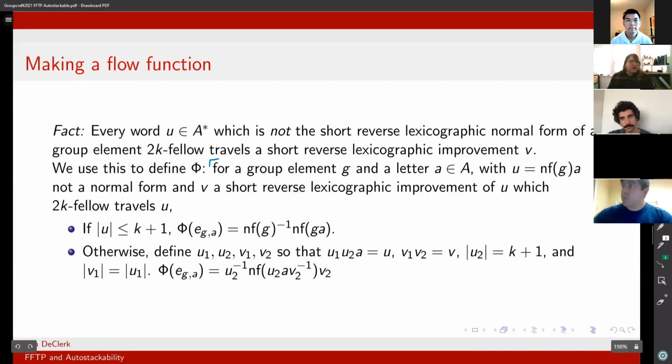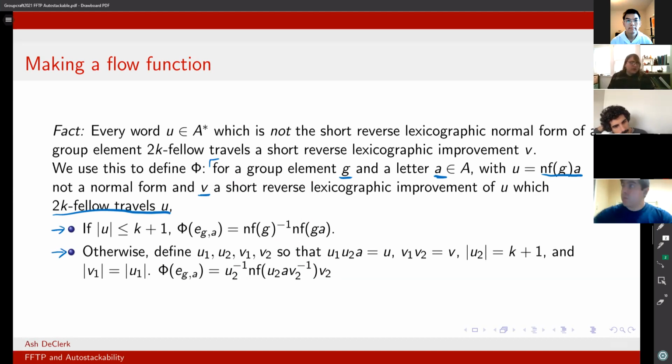So when we've got a group element g and some letter a, where the normal form of g followed by a is not genuinely a normal form, well, we know that there is some v that is a short reverse lex improvement that is going to 2k fellow travel. And we are going to define our flow function in 2 parts. So part 1, if u is sufficiently short, then we just rewrite u directly to the normal form.